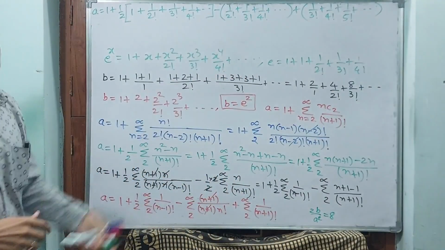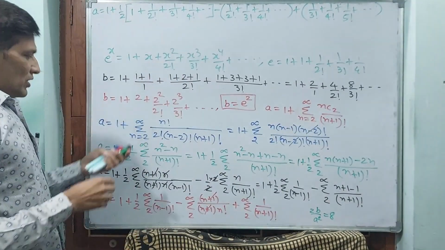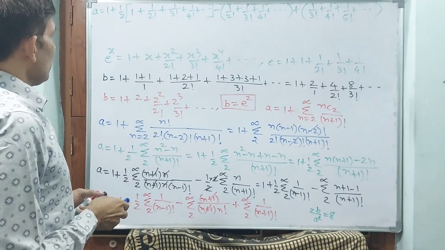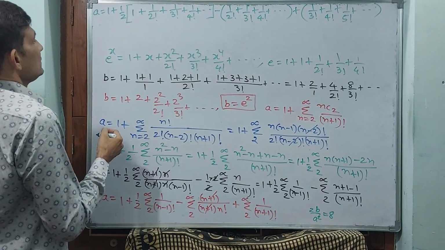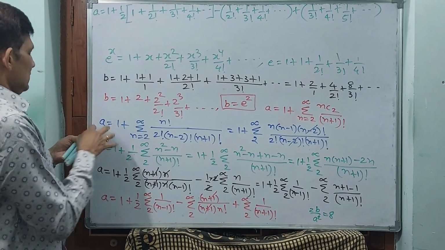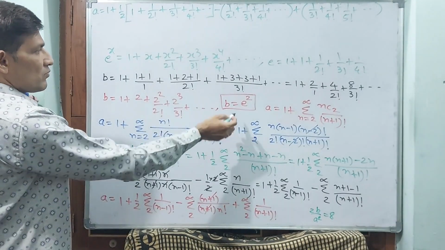Do you accept this? Why? Because see, I have not yet removed e power x and all. Now I am going to change this. How I am changing? Observe carefully. Okay, see. B is equal to e square, already is there.